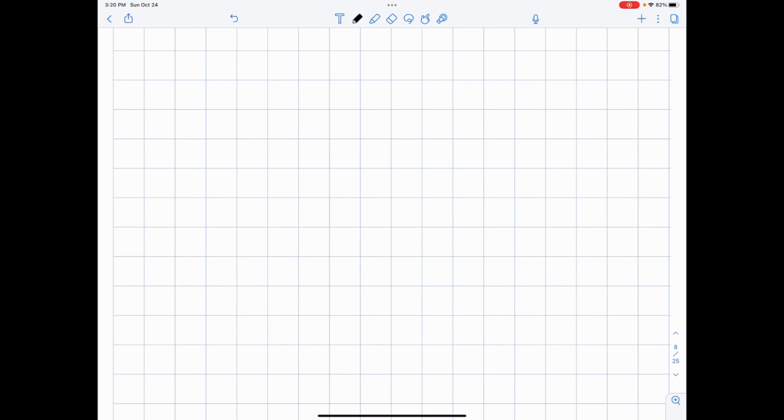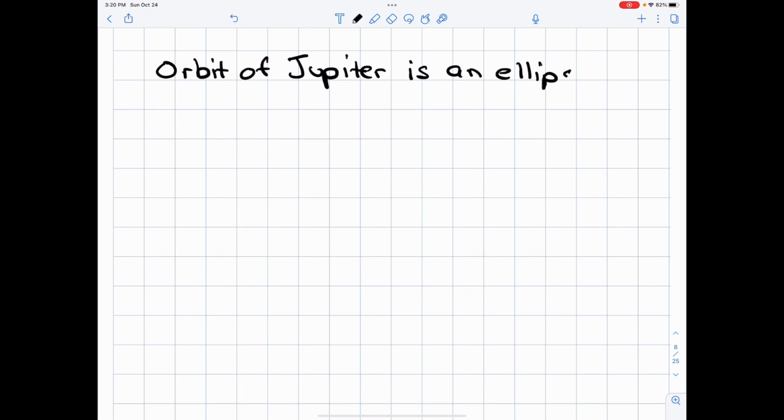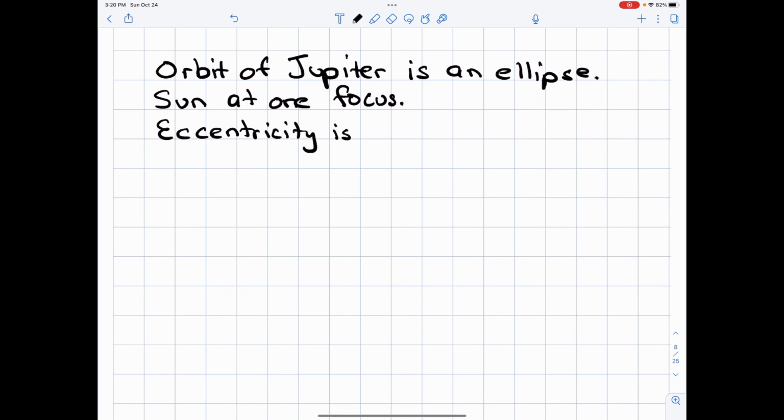Because the orbit of Jupiter is an ellipse. The Sun is at one focus. The eccentricity of this ellipse is 0.0489.